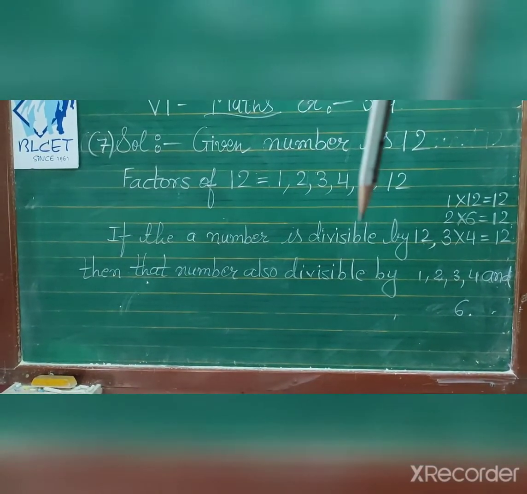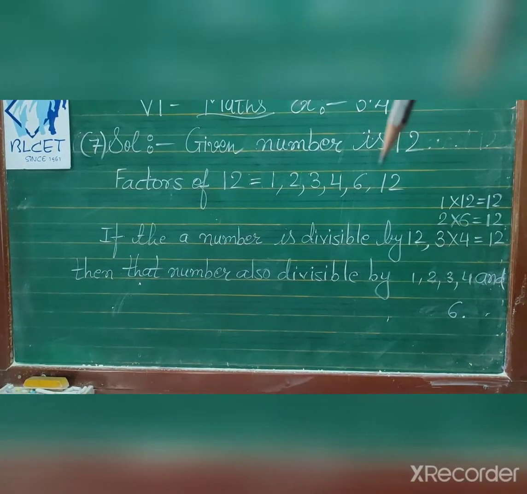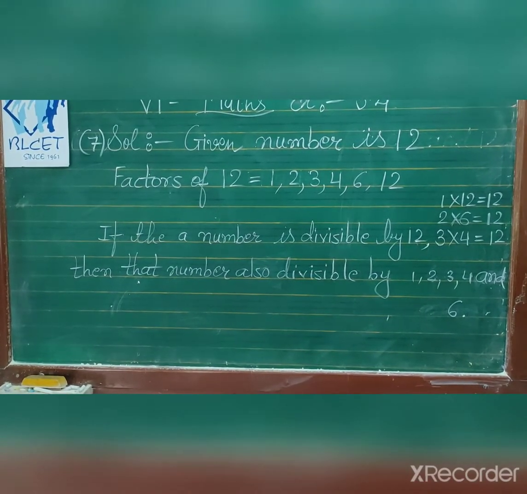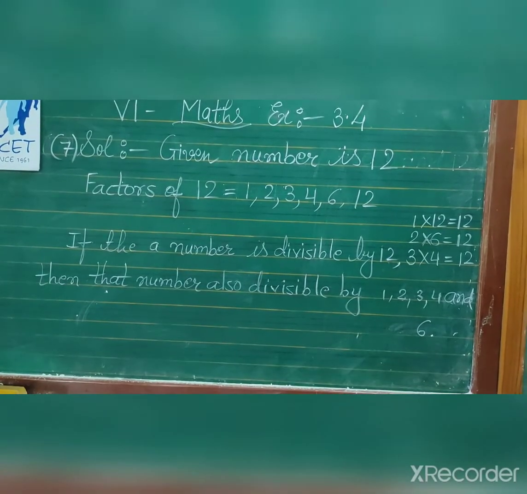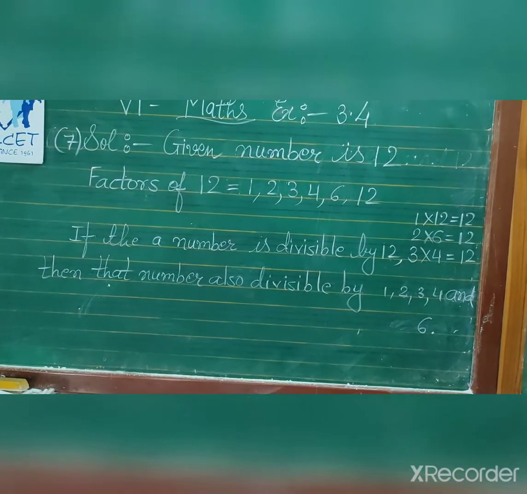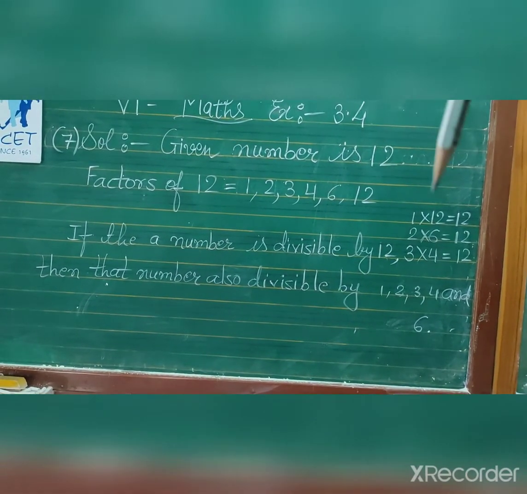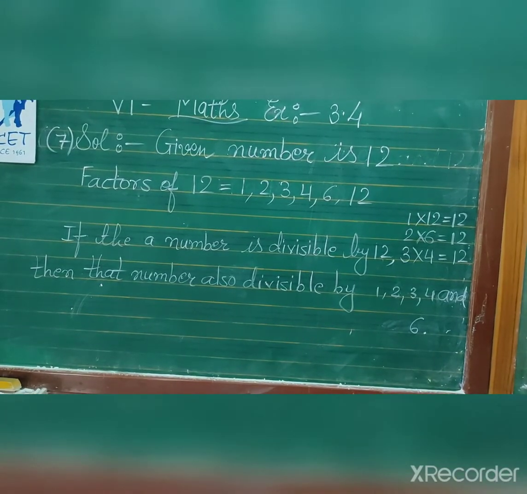If the number is divisible by 12, then that number is also divisible by 1, 2, 3, 4 and 6. So if two numbers are given, which method do we apply? Common multiples method. And if one number is given, factors method we will apply. Okay, so here your 3.4 is finished.